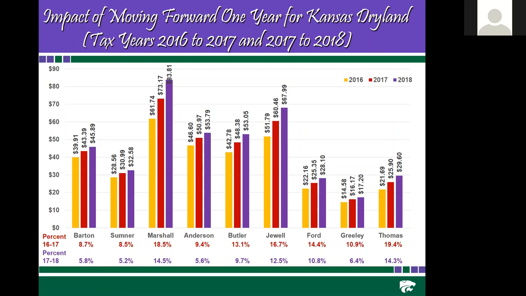You can see that Marshall had pretty high changes in 16, 17. Jewel also had pretty high changes from 16 to 17, so fairly high percentage changes across the state. If you look at the percentage change from 17 to 18, you do see that those are lower.